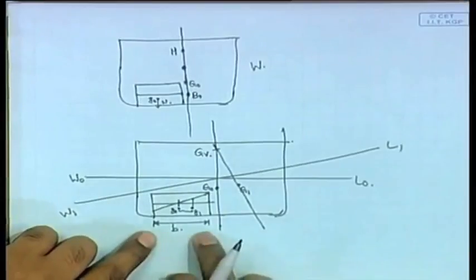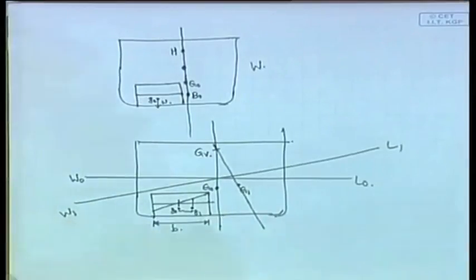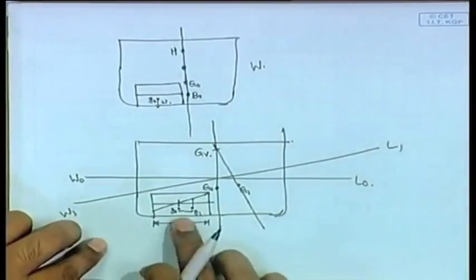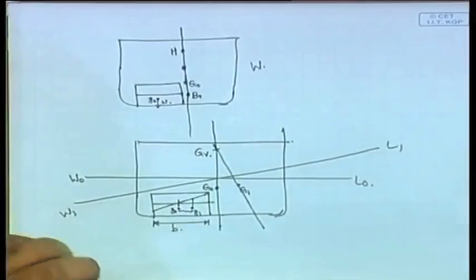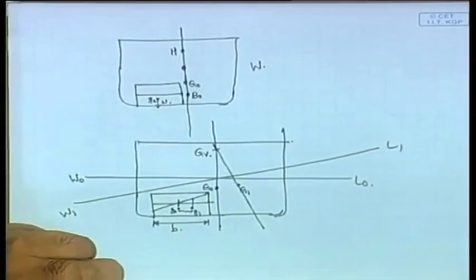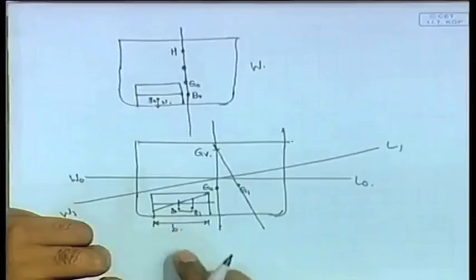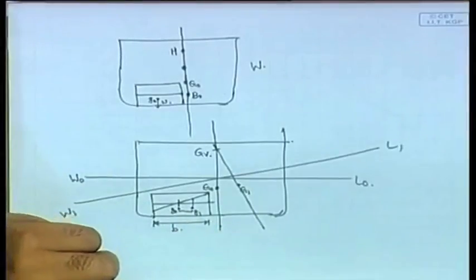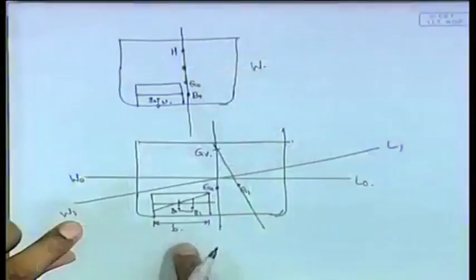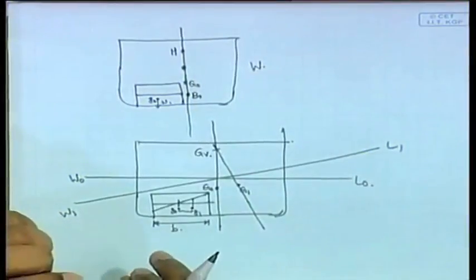So, b is the breadth of that tank. Now, g0 is the position of that, we are talking about the horizontal position only right now, forget the vertical movement. So, that g0 is initially at the center, because it is a rectangular box and the water is like this, it will be at the center only. So, this is g0, exactly at the center, b by 2.